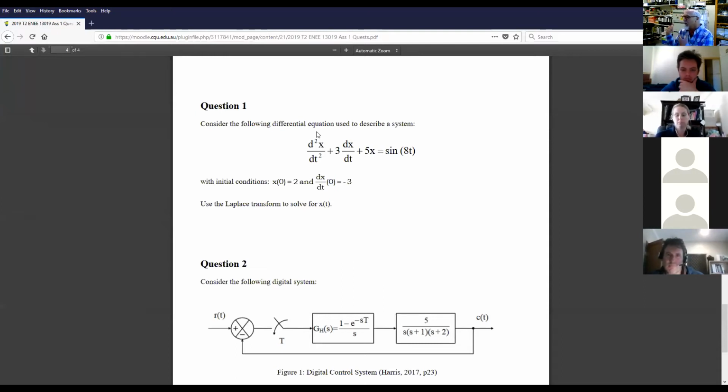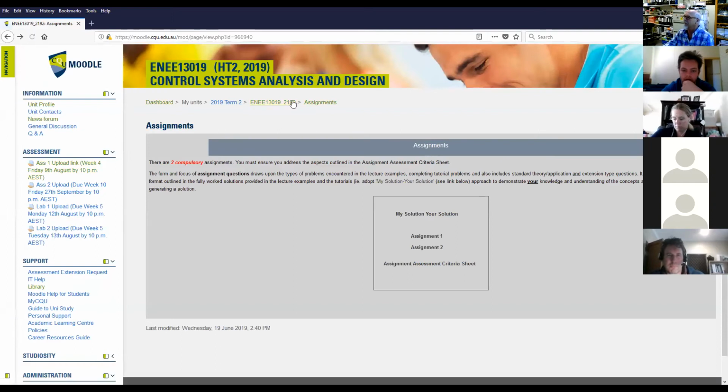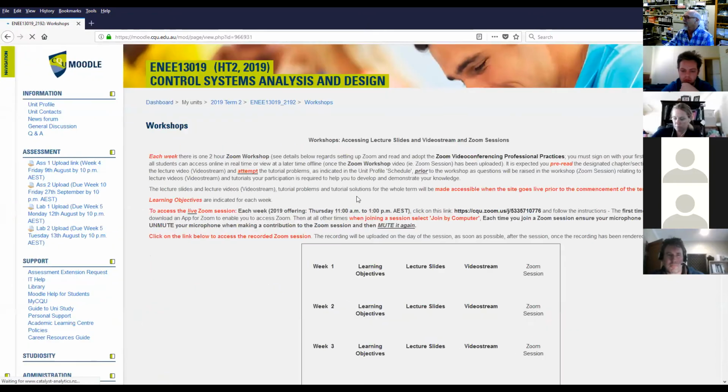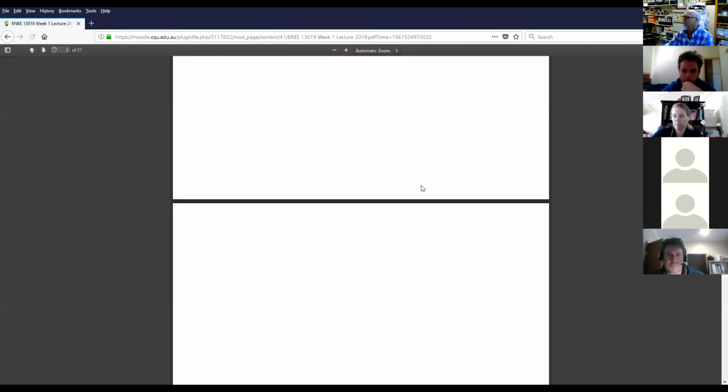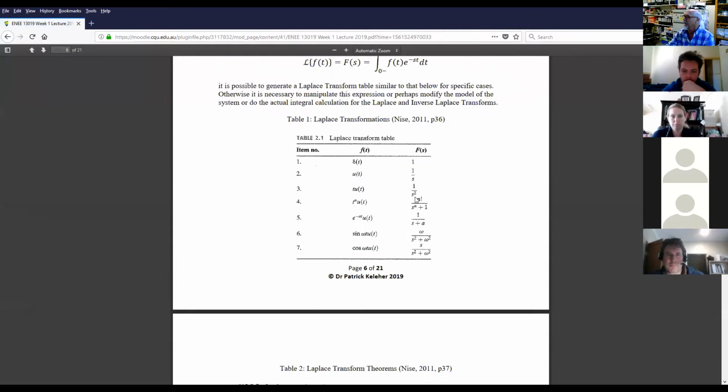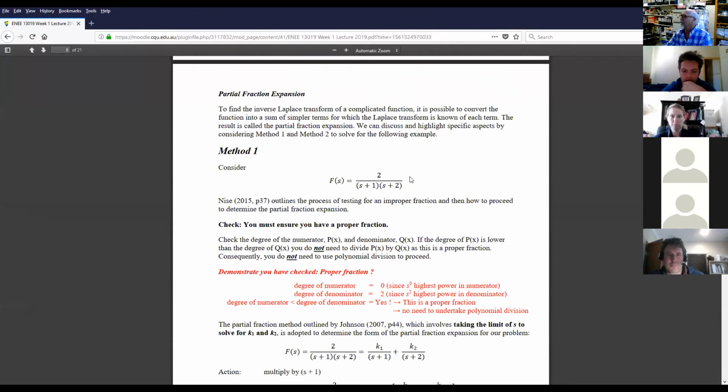So there's multiple things you have to do. You have to take that, and of course you've got to take into account the initial conditions as well. So what you're going to do is play around with this, taking into consideration the initial conditions, get a partial fraction from it, and then you go forward. Does that make sense? So when you get to the partial fraction part, it will look something like that.